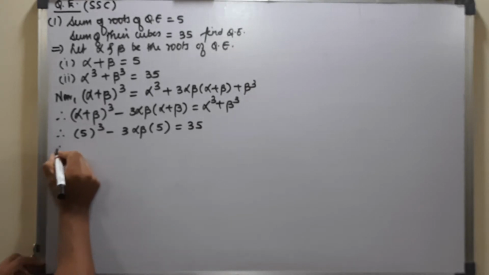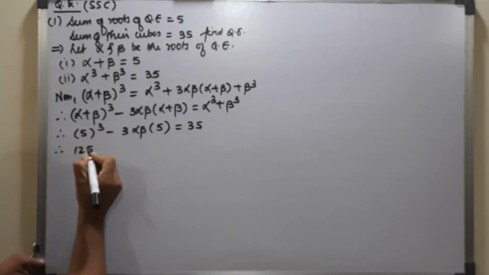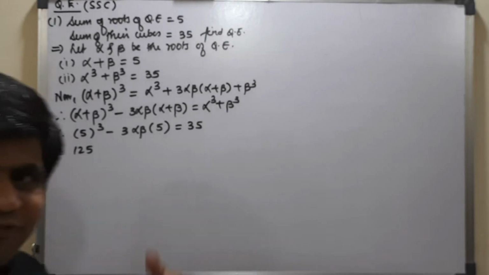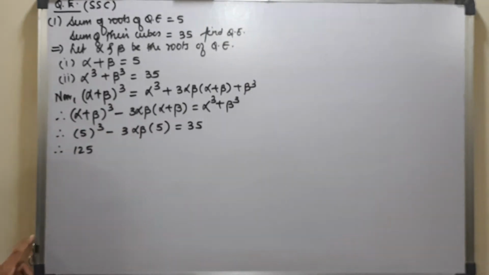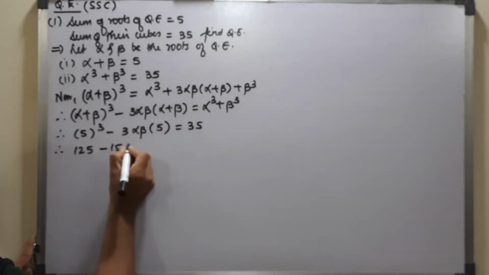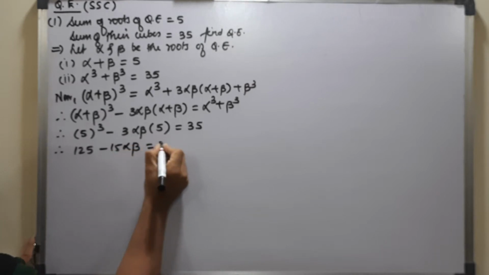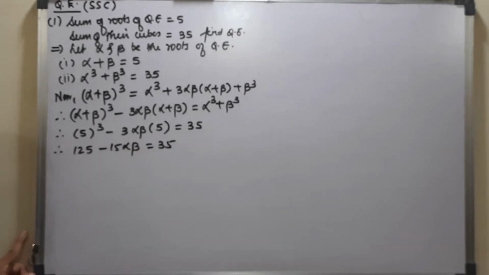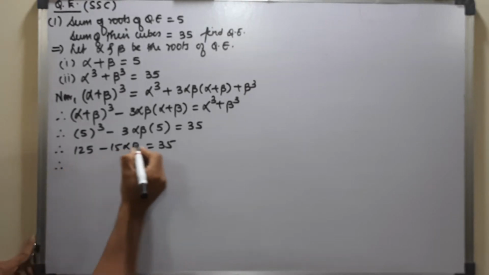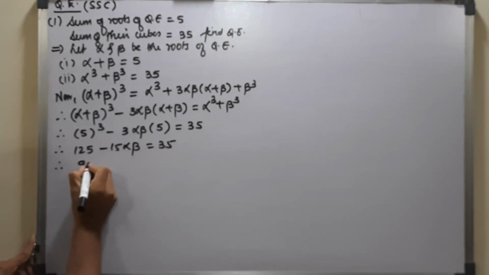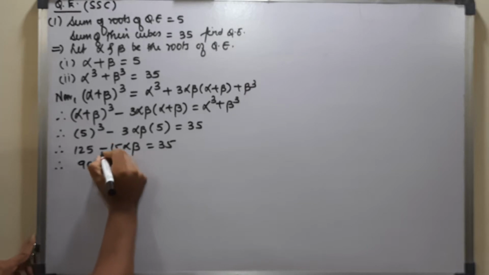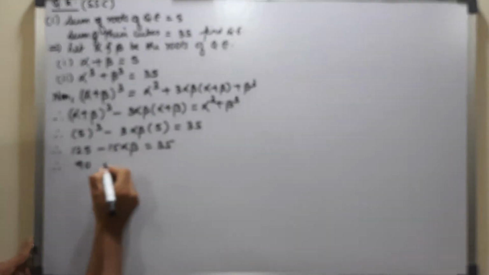So what do I get here? 5 cube is 125, 5 into 5 into 5, minus 15 alpha beta is equal to 35. So this becomes 125 minus 35, which is 90, minus 15 alpha beta equals 0.